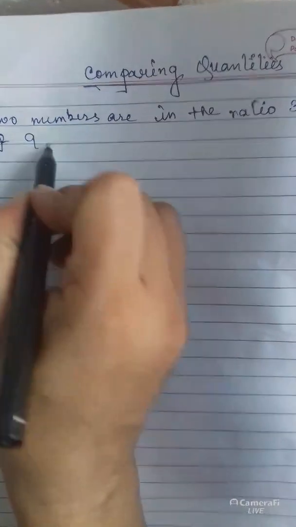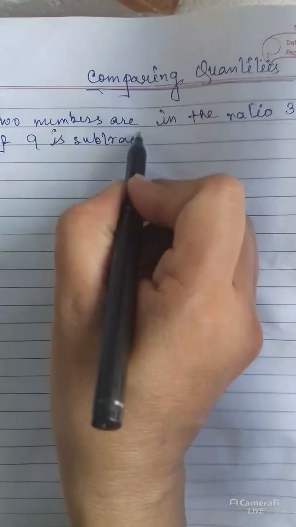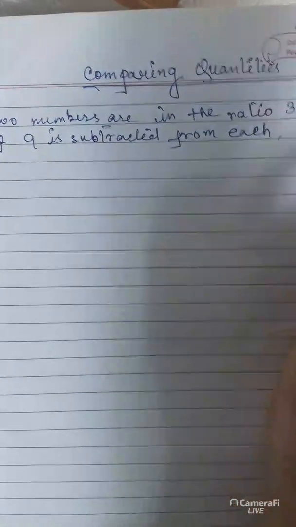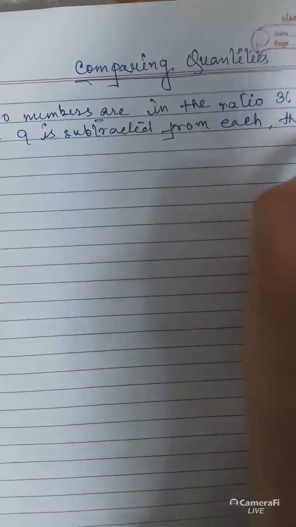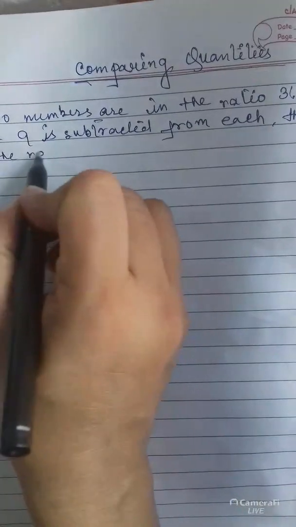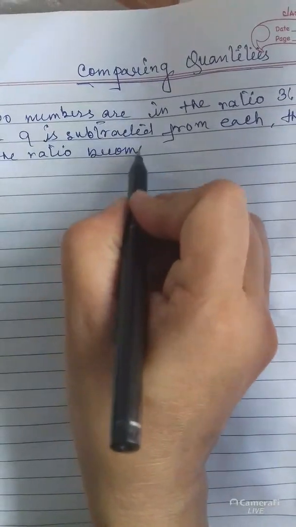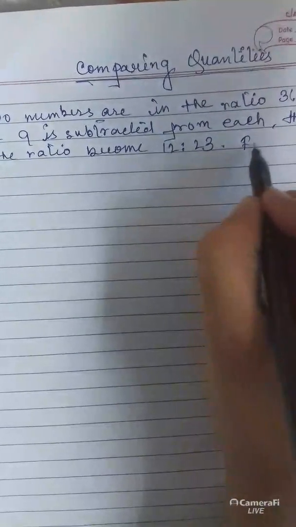If 9 is subtracted from each, then the ratio becomes 12:23. Find the smallest number.